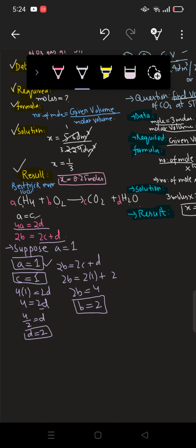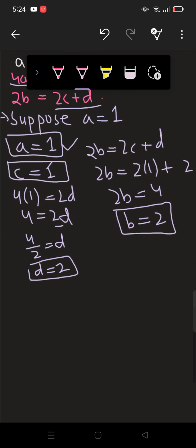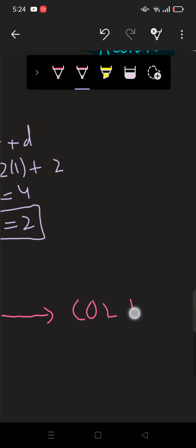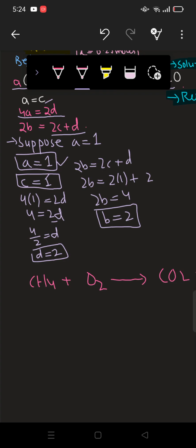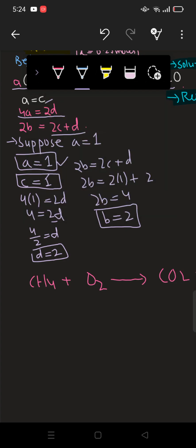Now let's put these values instead of these coefficients we have supposed in our chemical equation, right? So let's put this now. CH4 burnt in the presence of oxygen produced carbon dioxide and water, right? So the coefficient A was with methane, and the value of A is what?